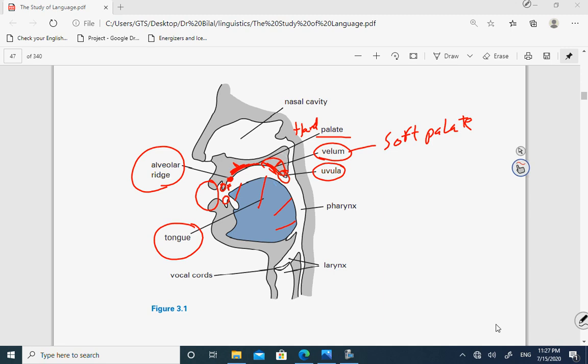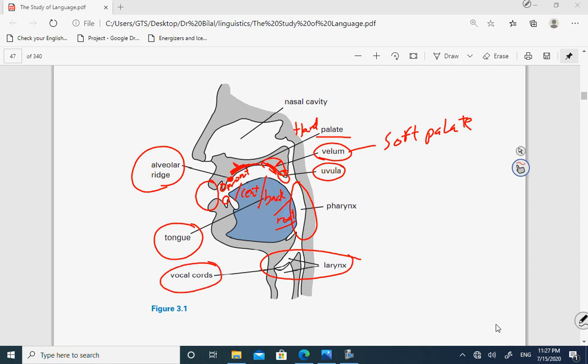So front, central, back, and root of the tongue. These are the parts of the tongue, and then we have the pharynx, and then we have the larynx, in which we have the vocal cords or vocal folds.